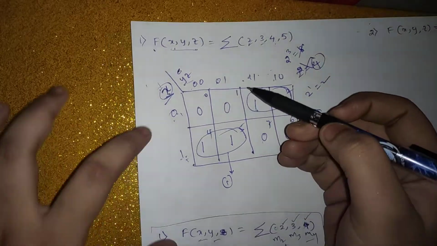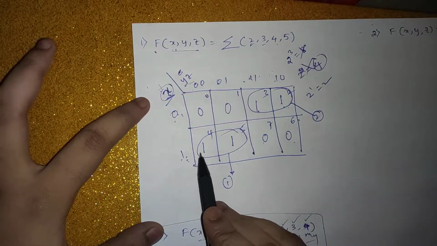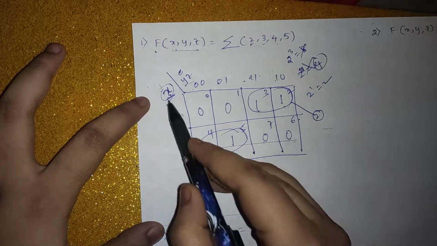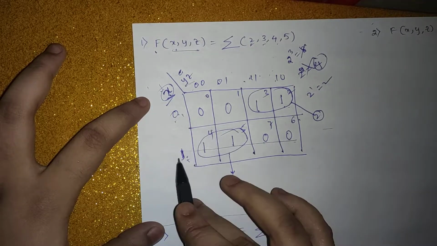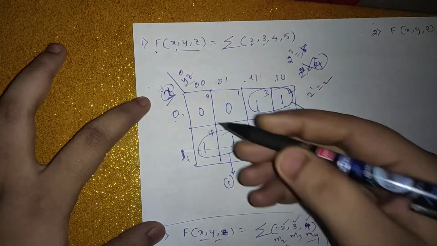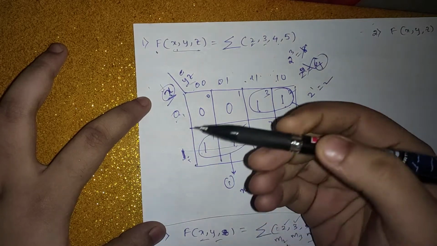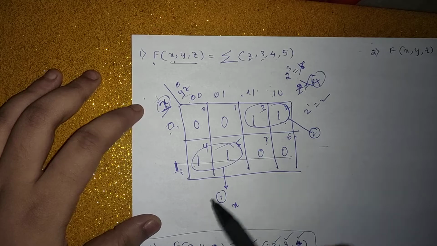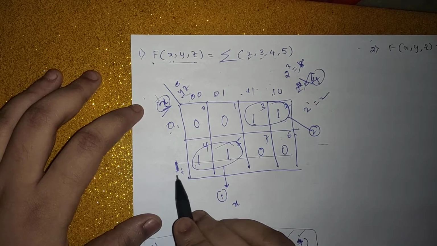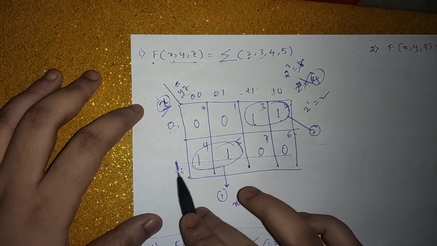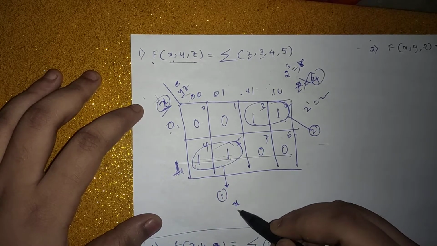One loop can be written as, see here carefully, this is a row, so x is always the same for a row. Write the variable which is the same and ignore the variable which is different. So in this loop x has the same value, so write x.